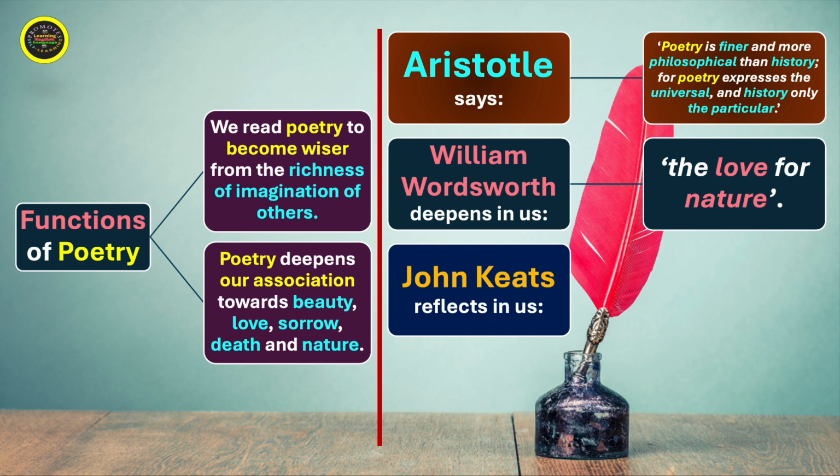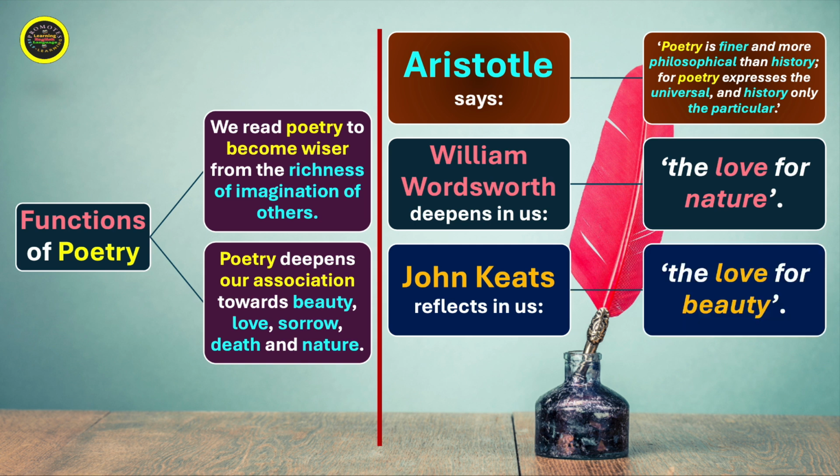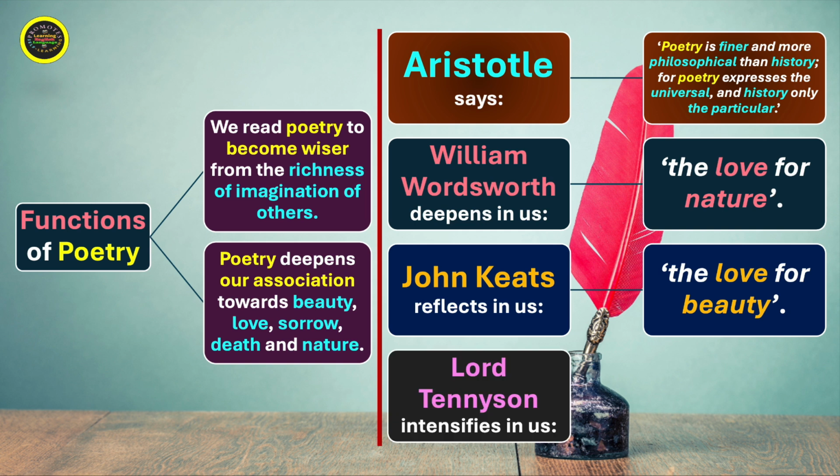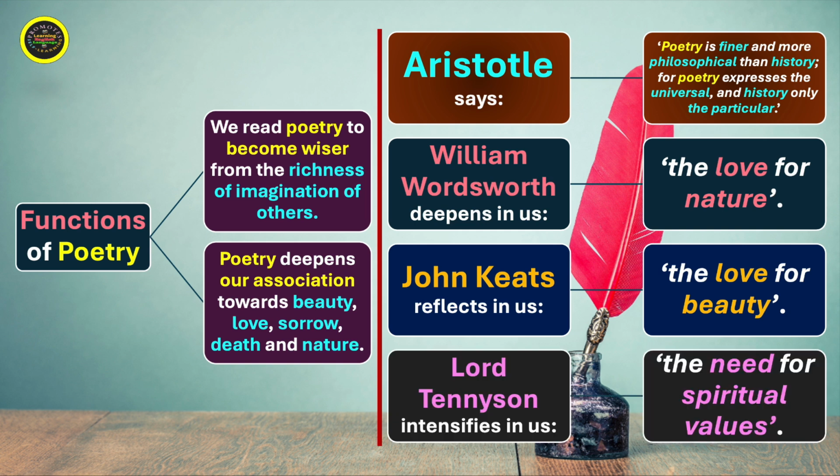Likewise, John Keats reflects in us the love for beauty. As he says in one of his poems, a thing of beauty is a joy forever. So the poetry of John Keats moves around the central idea of beauty. When you read the poetry of John Keats, it helps you develop a different outlook towards what really beauty is all about. Likewise, Lord Tennyson intensifies in us the need for a spiritual value.